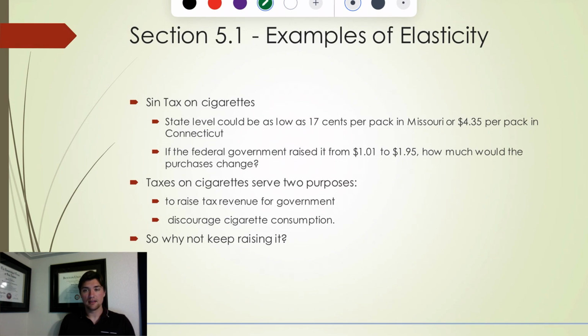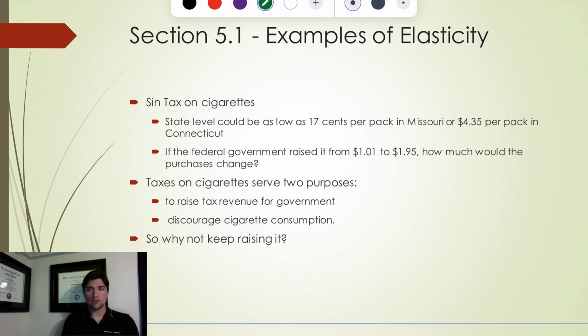But let's think about something addictive like cigarettes. Some people will not buy cigarettes anymore, and some people will maybe buy one less pack per week. So we may have a big change in price, but a very little change in quantity.